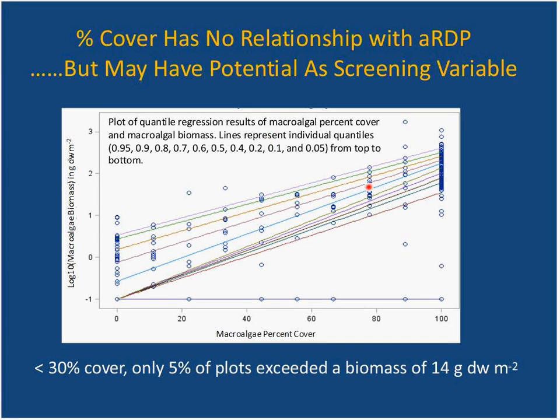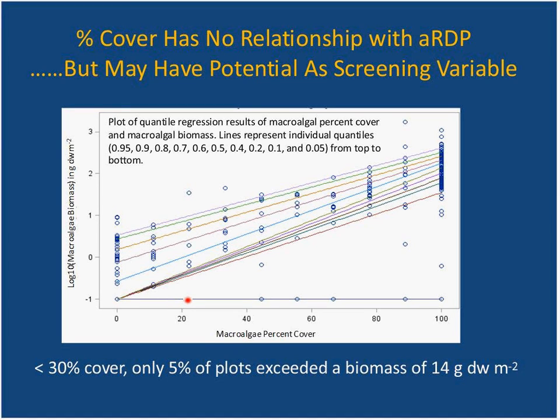But percent cover may have potential as a screening tool, and this is the result of a quantile regression where we look at the relationship between percent cover and biomass. At very low cover, you typically have low biomass.